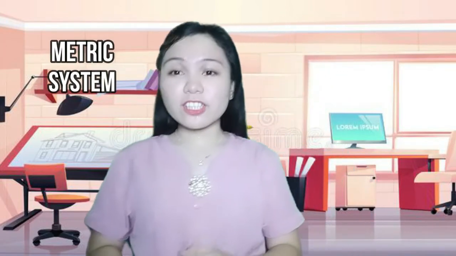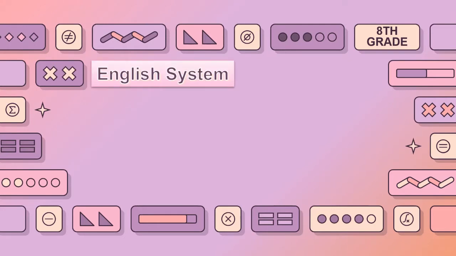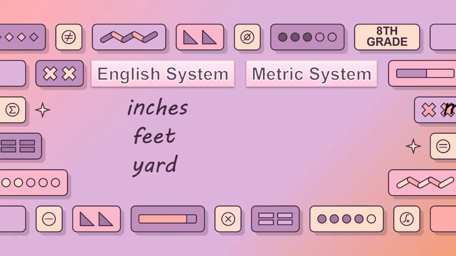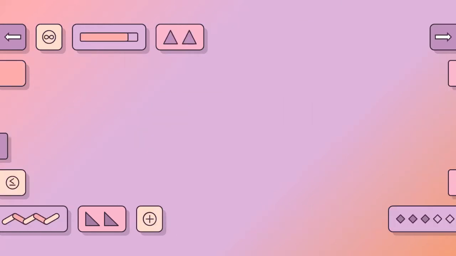It is an international standard for measurement. And the basic unit of the metric system is the meter. The units of measurement commonly used in the English system are inches, feet, and yard, while in the metric system are millimeters, centimeters, and meters. We can convert metric units of measure to English units of measure or vice versa.